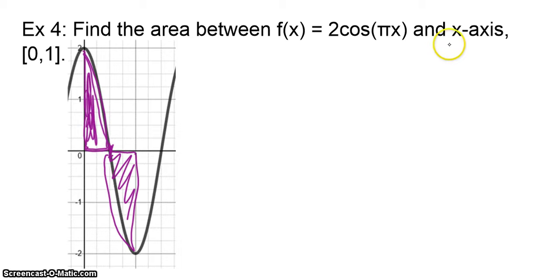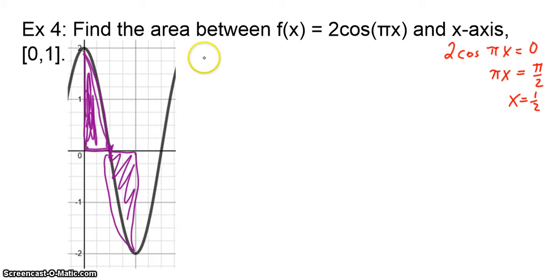So where is 2 cosine of pi x equal to 0? Where is the angle pi x equal to pi over 2, because that's where the cosine is 0. So x is 1/2. So we'll split it up.